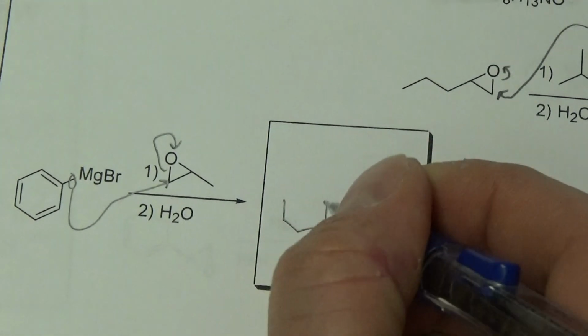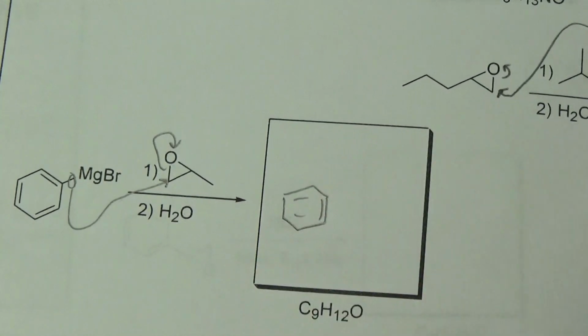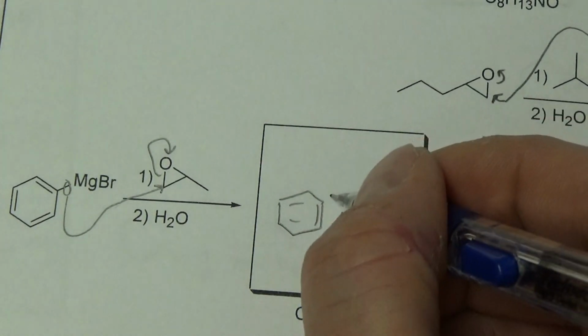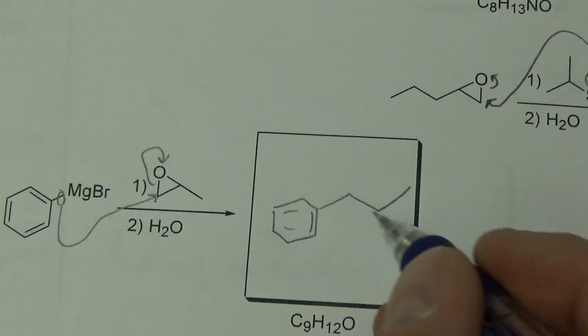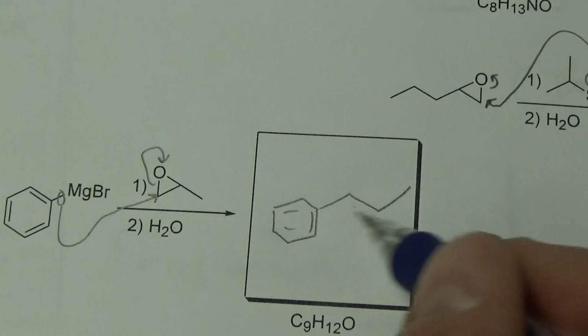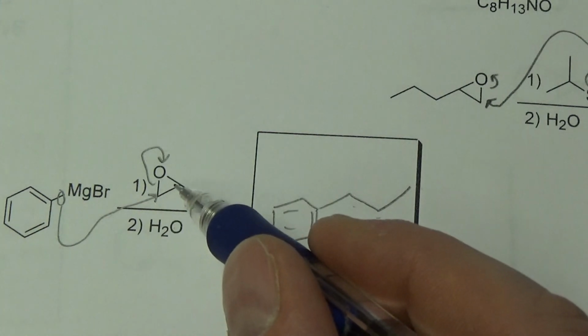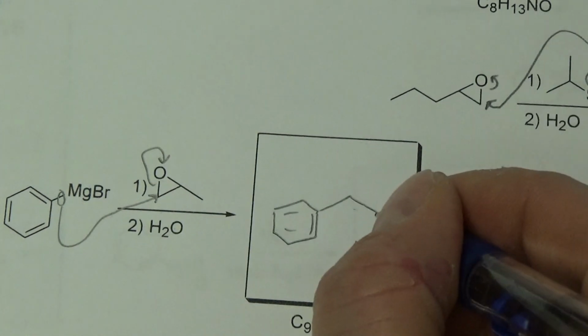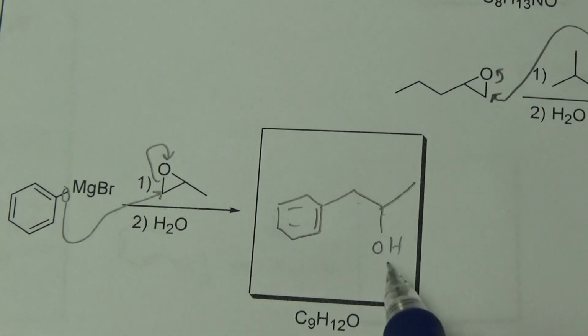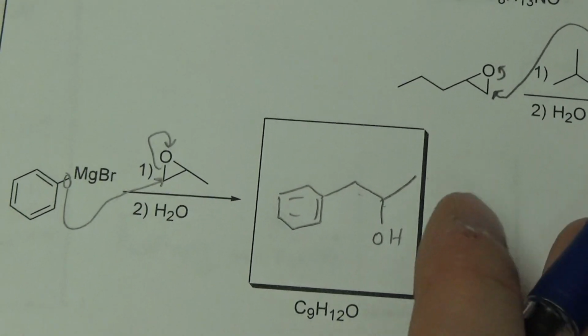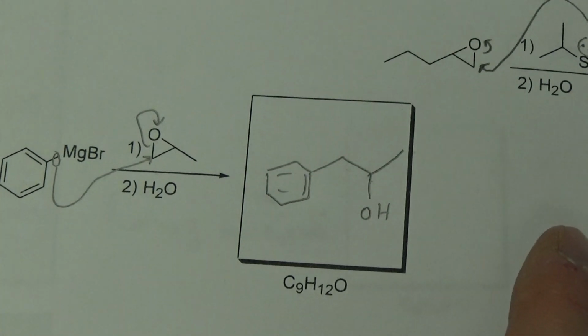We can double check our work. Benzene, how many new carbons? 3. Of those 3, where is the oxygen? Is it on the first, second, or third carbon? Well, we open it, we attack the left, pushes it onto the middle, so the end product has an OH. And initially you have an O minus on that carbon.